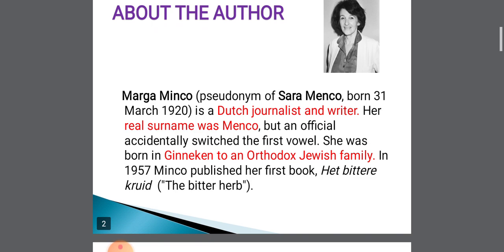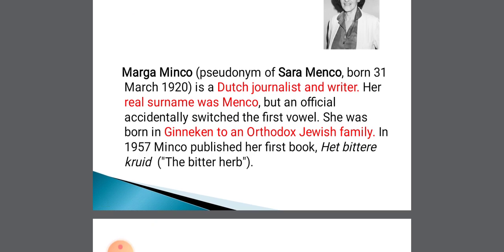Her real surname was Menko, but an official accidentally switched the first vowel. She was born in Gineken to an Orthodox Jewish family. So this is very important, that she belonged to the Jewish community.